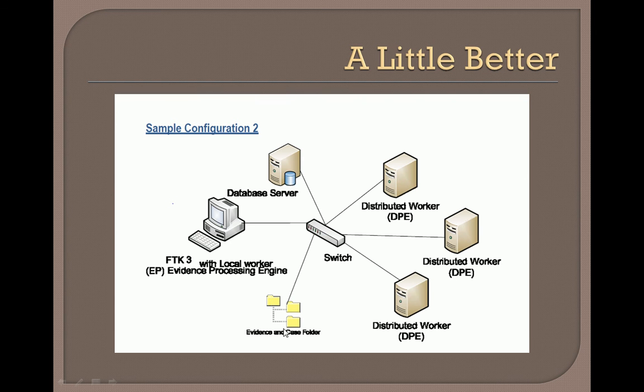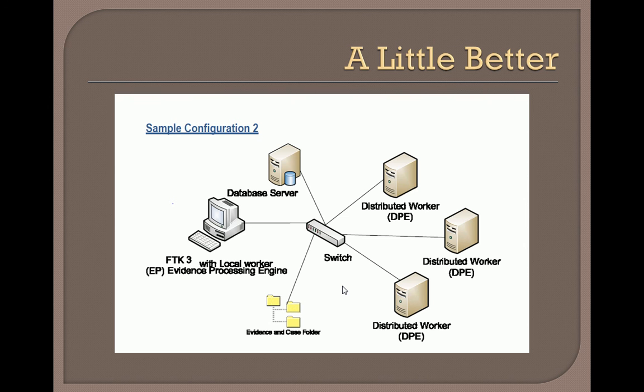The evidence server or the imaging server is going to have a tremendous I/O bandwidth requirement, and it's going to saturate its network card, and you're going to get errors if you're not very careful with this. So we strongly recommend that the evidence server and the case folder not be on the same machine. And we'll talk about that more in detail later as far as what kind of options you can have to reduce the number of machines.